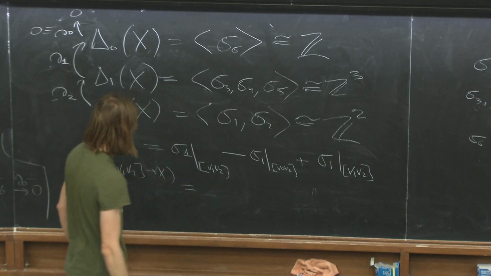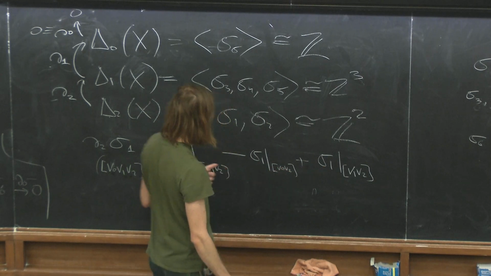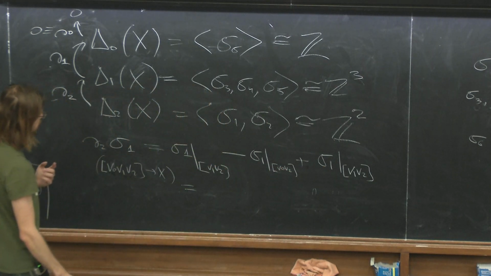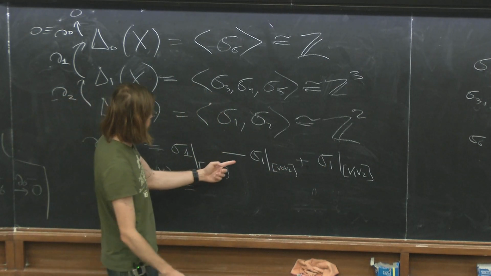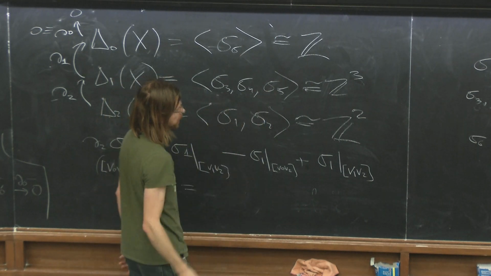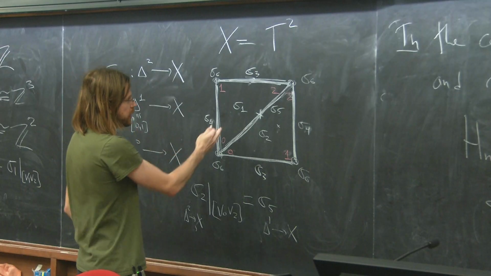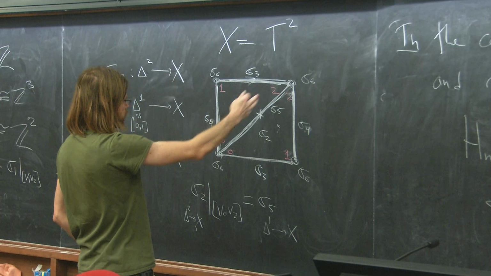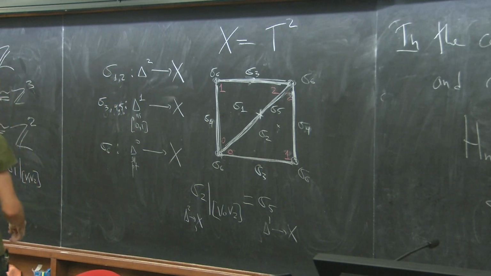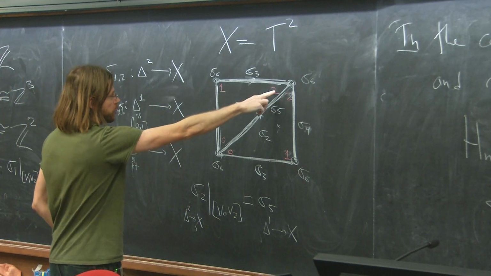But now I have to express this. Since each of these guys is a map from one simplex to X, I can express them using sigma 3, sigma 4, and sigma 5. And suppose I define them using order as in this picture, then sigma 1 restricted to V1, V2 will be just sigma 3.